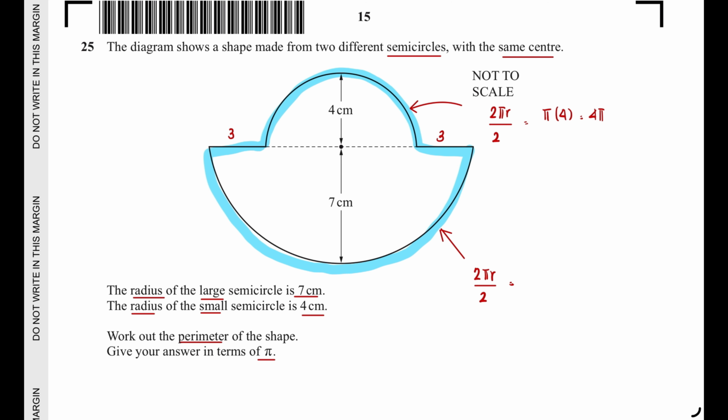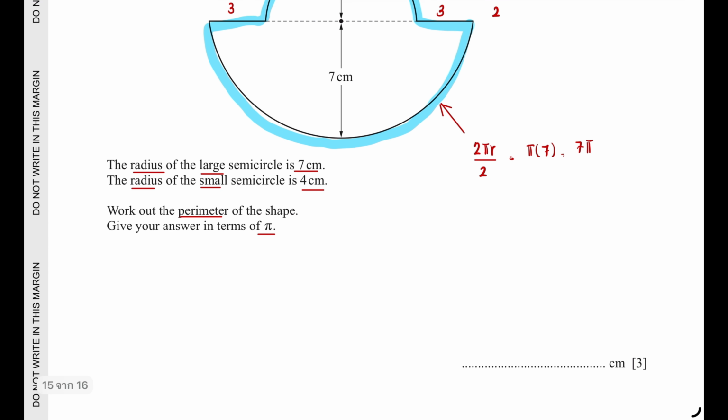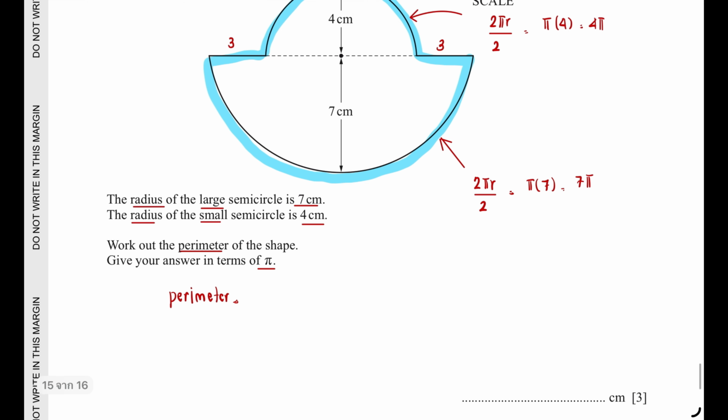So it will be equal to pi times 7, which is equal to 7 pi. So therefore, the perimeter will be equal to 4 pi plus 7 pi plus 3 plus 3, which is equal to 11 pi plus 6.